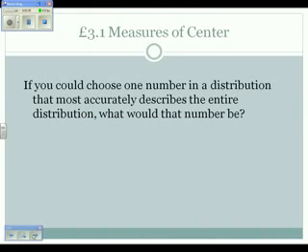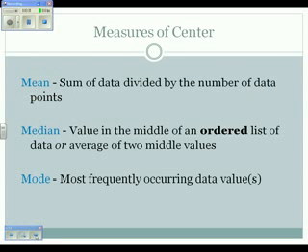The mean, which is adding up all of the data values and dividing by the number of data values that you have, is usually a very good representation of a data set, and it's probably the most popular representation of the data set. So we actually have 3 measures of center: the mean, the median, and the mode.